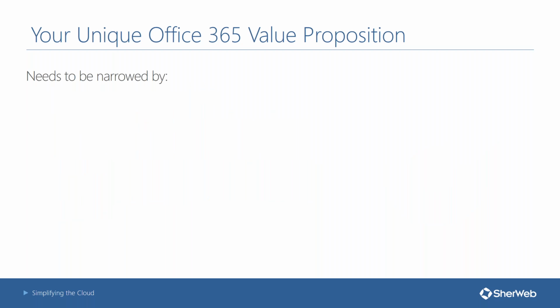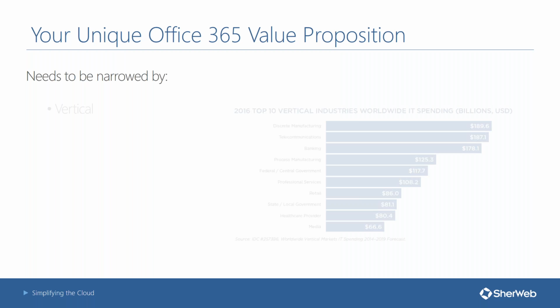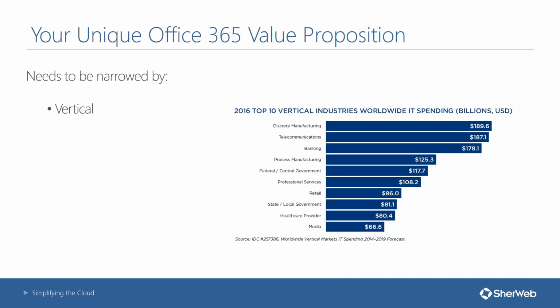And the other thing that you need to do is to narrow your value prop by different angles. So one of them is verticals. We hear verticals all the time: industries, legal, manufacturing, telecommunications. So that's just examples of the top IT spending. Of course, one that I like pretty much is professional services, because it's in the middle there.